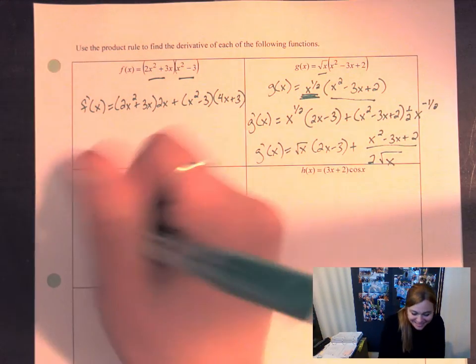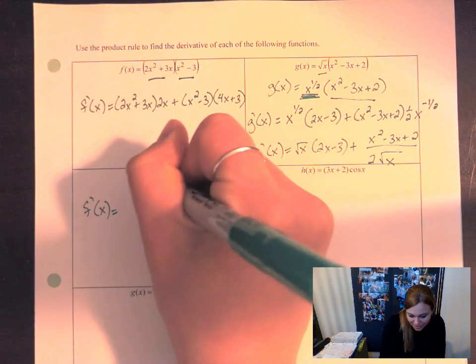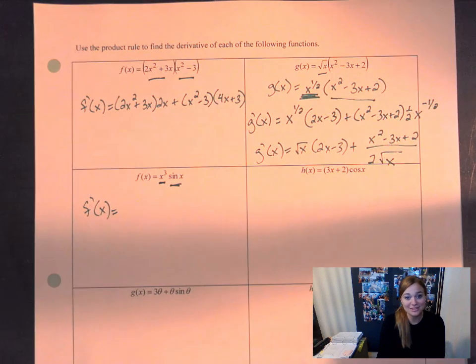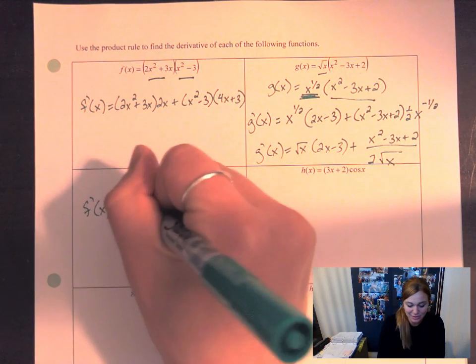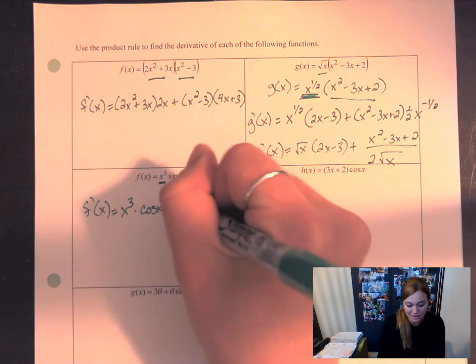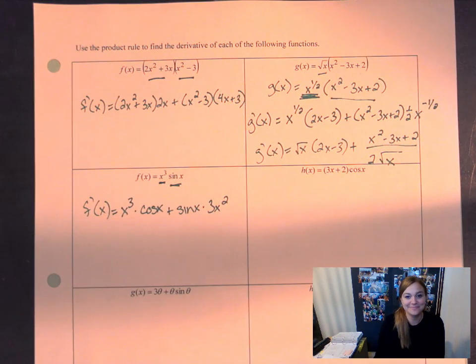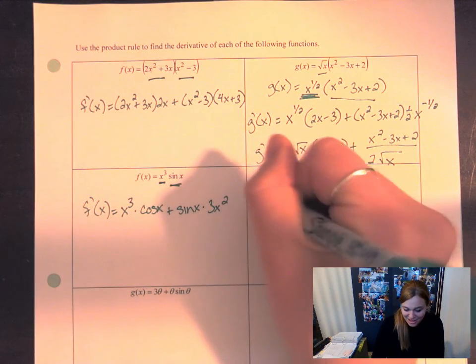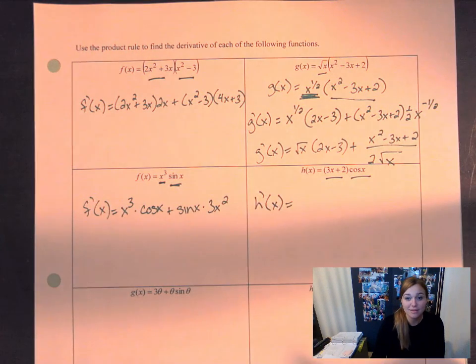Next one, f prime of x. This is a product, so I get to use the product rule. I'm going to say first times the derivative of the second plus the second times the derivative of the first. Hooray! Keep going. My first.